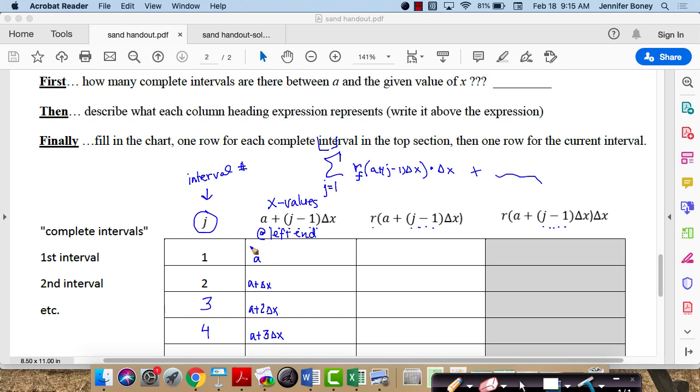So this is the x value at a through a plus delta x. And then the next interval is a plus delta x through a plus 2 delta x, and then a plus 2 delta x through a plus 3 delta x, and so forth. So each is the same width. It begins at this x value and ends where the next interval starts. So these are the x values, and these are the rates from the approximate rate function, but they're also exact rate values as well.